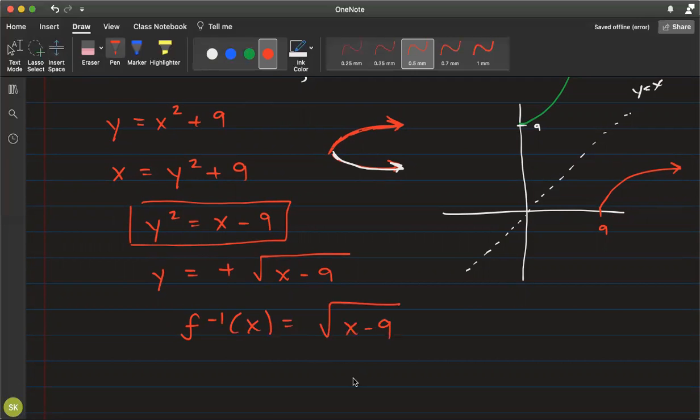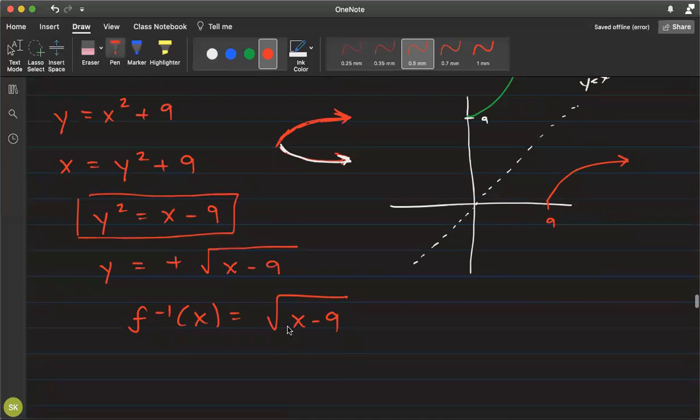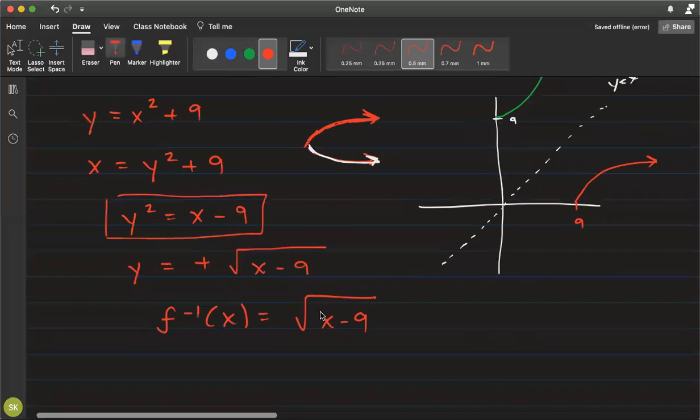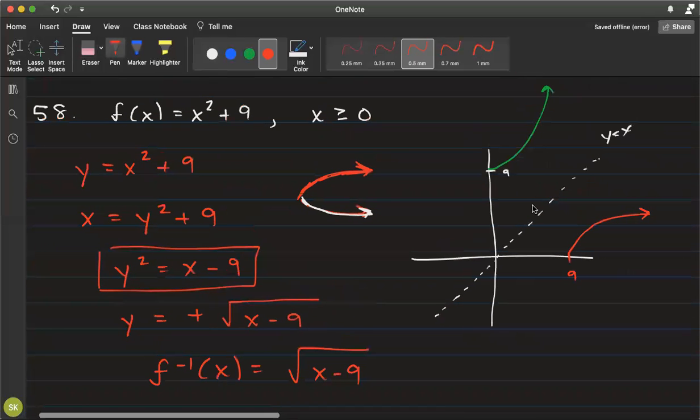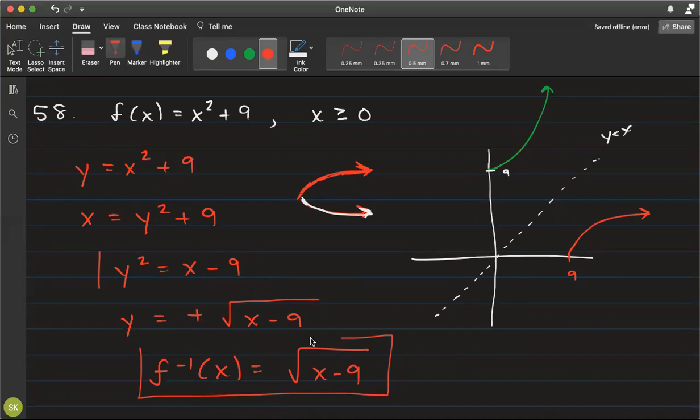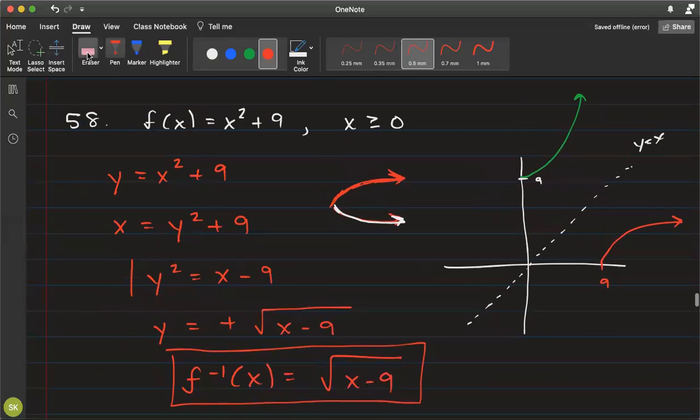Again, we're taking the positive part. And this is the square root of x, which looks like this, shifted to the right 9 units because we're putting that 9 inside that square root here. Okay, so we can see the graphs, and we have the equations of the function and its inverse. Let me just put this in a little box so we can see it a little bit better.